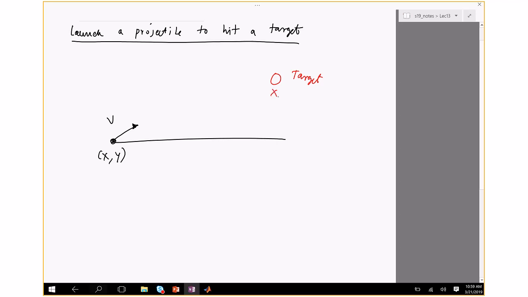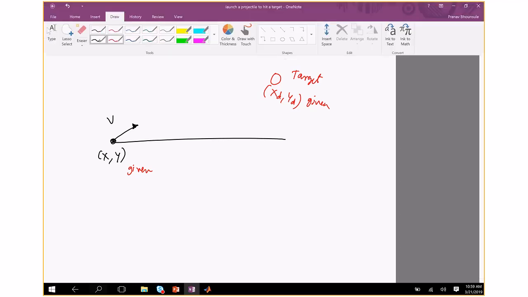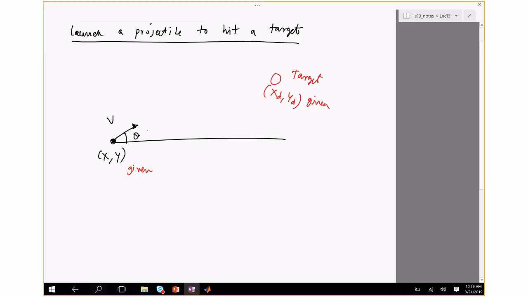Let's call that xd, yd. Let's say this is given. The xy position is given. And let's say that the velocity v and theta are unknown. So we do not know the velocity or the angle of launch, and we have to find that velocity and angle of launch so that we hit the target.